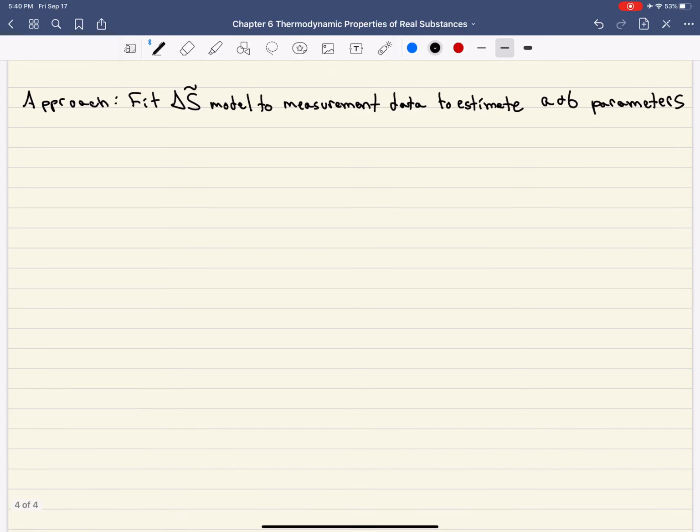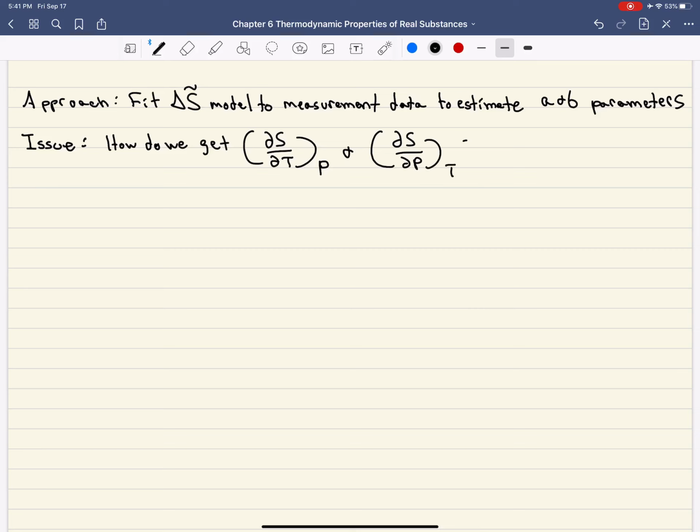But of course, there's one big issue here. Right? I said the right-hand side is where we put all our measured data. But the big question is, how do we get dS/dT at constant P, or how do we get dS/dP at constant T, right? As I've stressed before, we can't measure entropy directly.